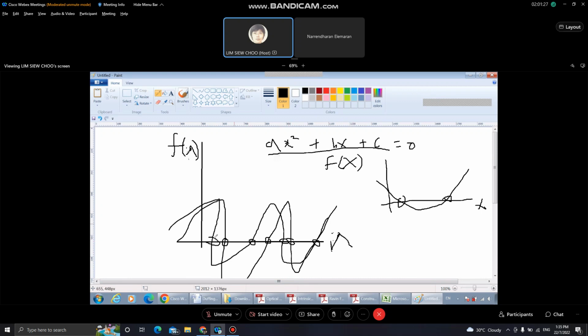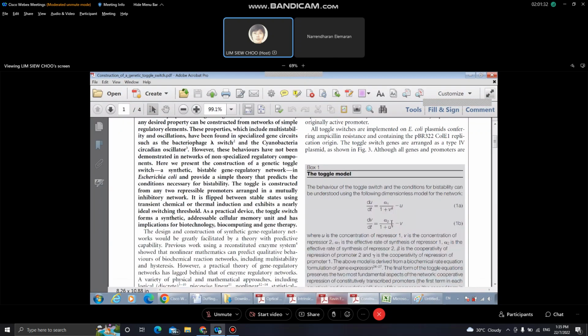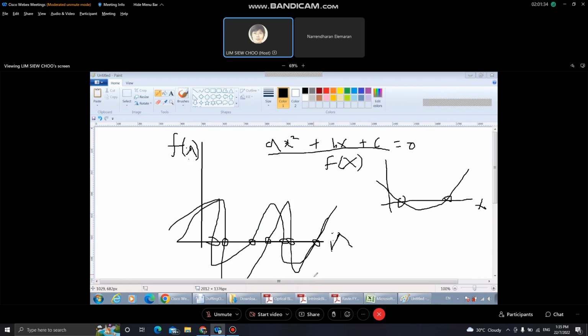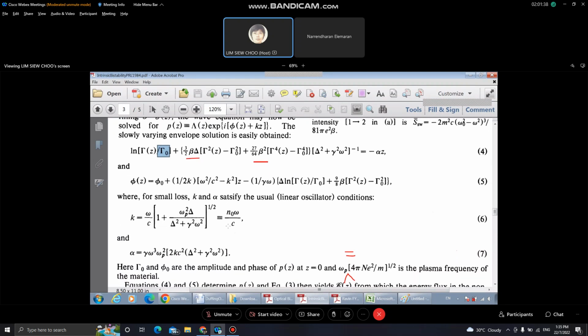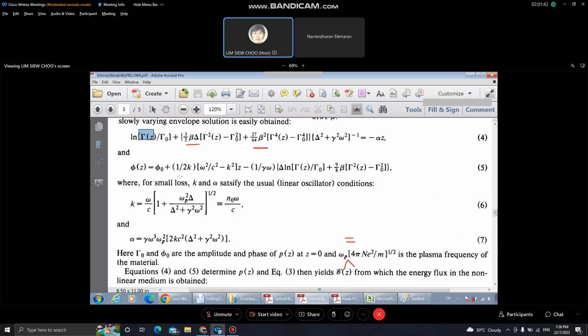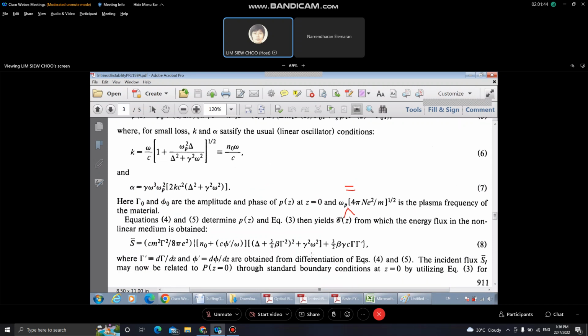For every solution, the value of lambda z, you put it into the S here, and the lambda prime here.